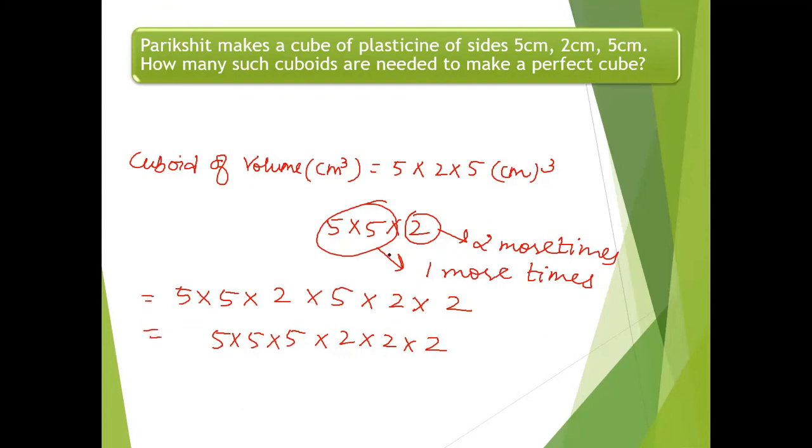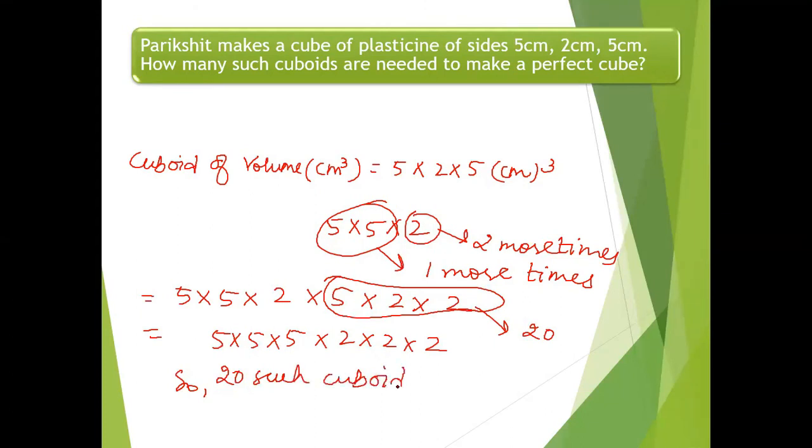So what we need extra is 5 into 2 into 2. Performing the multiplication, 5 into 2 is 10, 10 into 2 is 20. So 20 such cuboids will be needed.